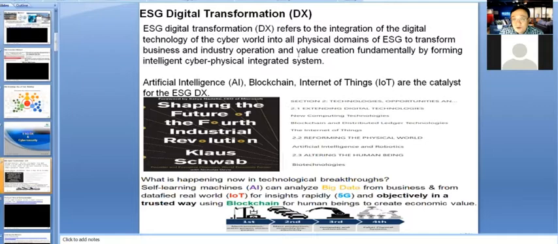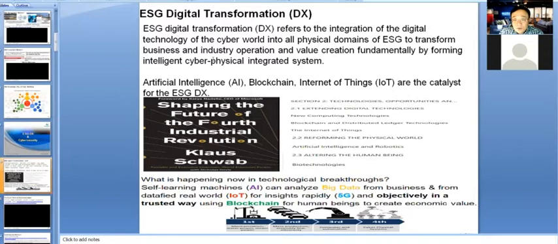I developed this terminology and defined ESG digital transformation as the integration of digital technology. Digital technology means, for example, AI, blockchain, IoT, and other supporting technology like big data science, telecommunication like 5G, and digital infrastructure like data centers and cloud computing.